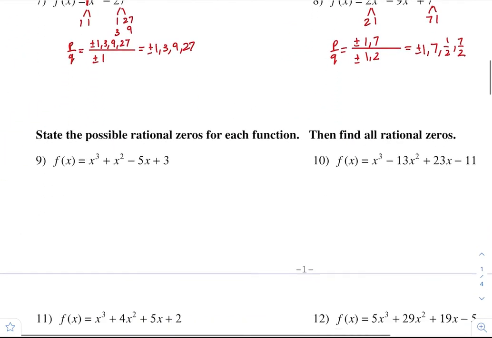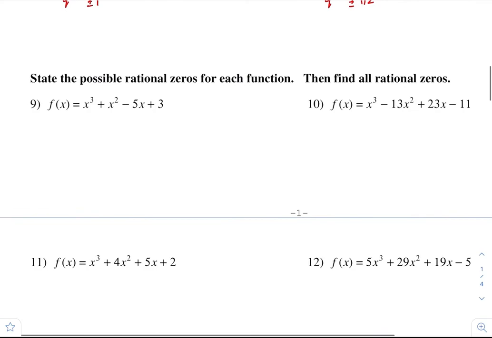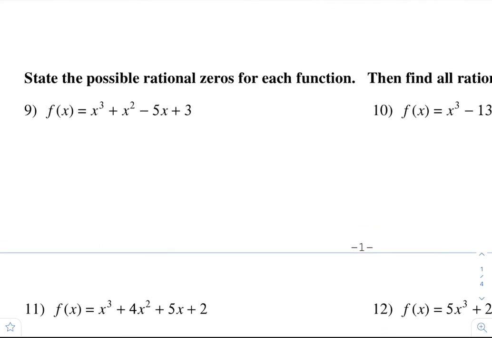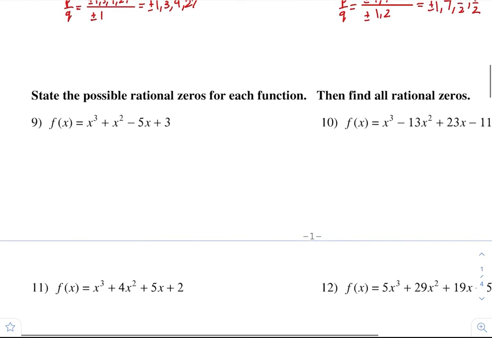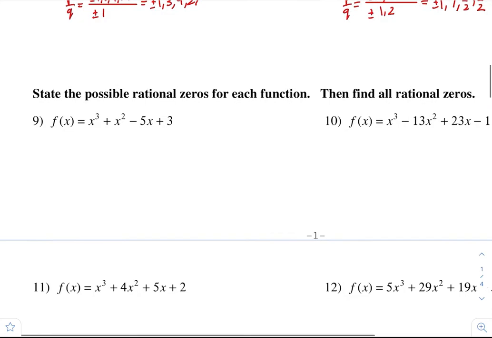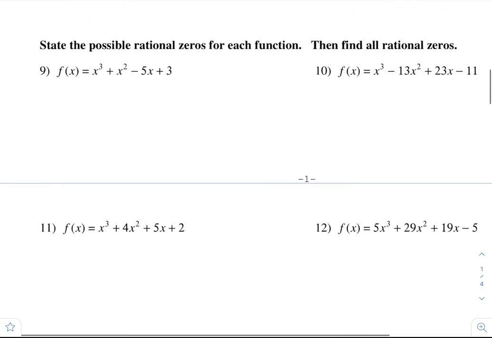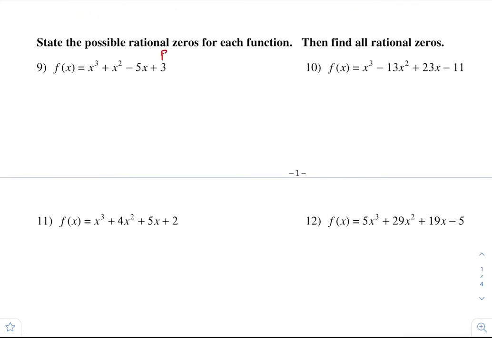Now, 9, 10, 11, 12 is pretty much figuring out our possible rational zeros and then finding our rational zeros. So for number 9, this is our P, this is our Q. So for P, we got factors of 3 and 1, and for Q, that's really a 1, so we got factors of 1 and 1.